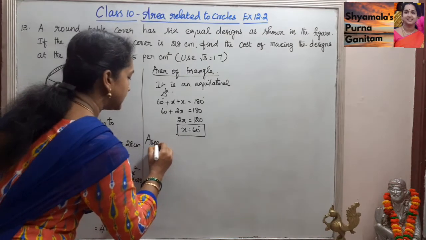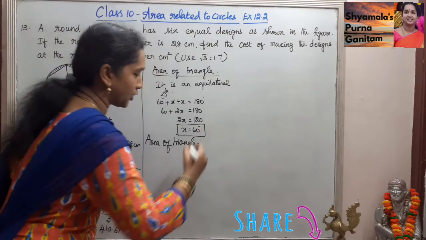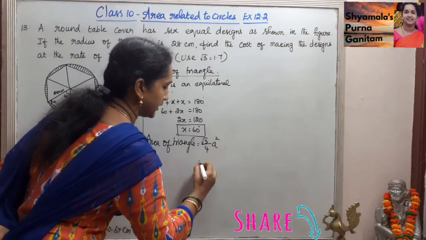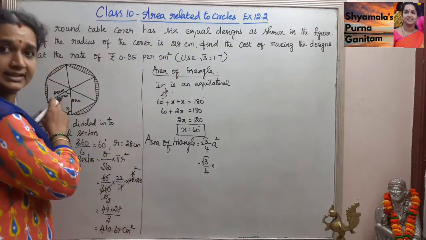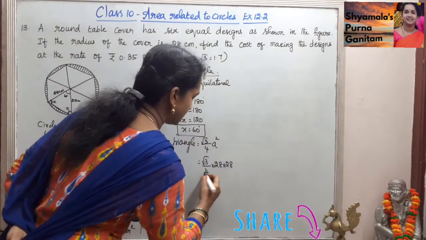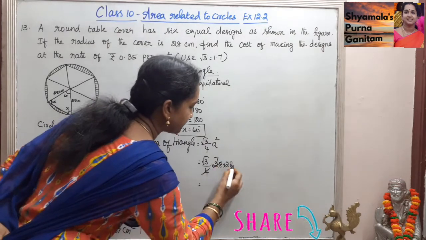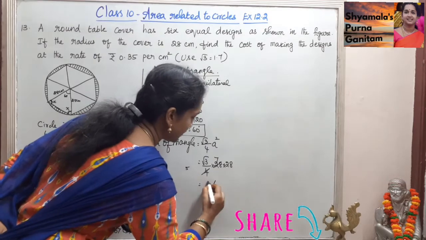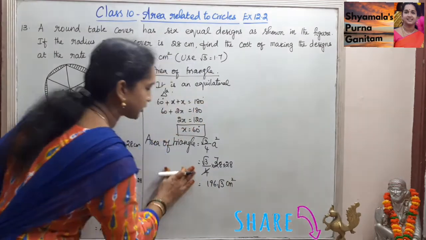So we will find the area of the triangle using the formula root 3 by 4 a square. That is equal to root 3 by 4 into 28 into 28. 4 7s are 28, so when we multiply this, we get 196 root 3 centimeter square.